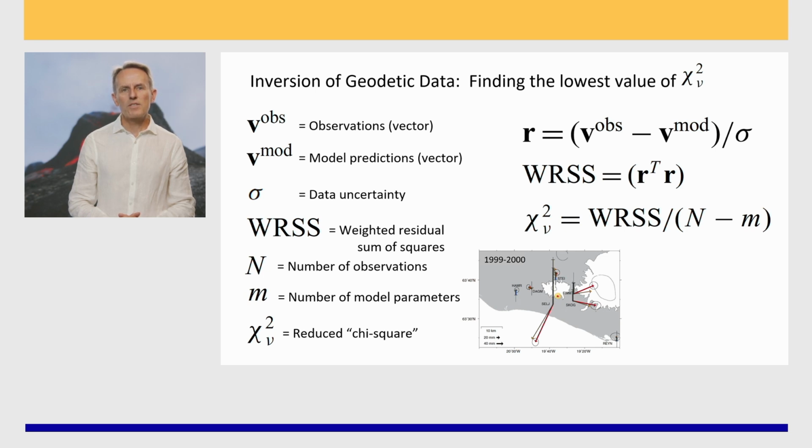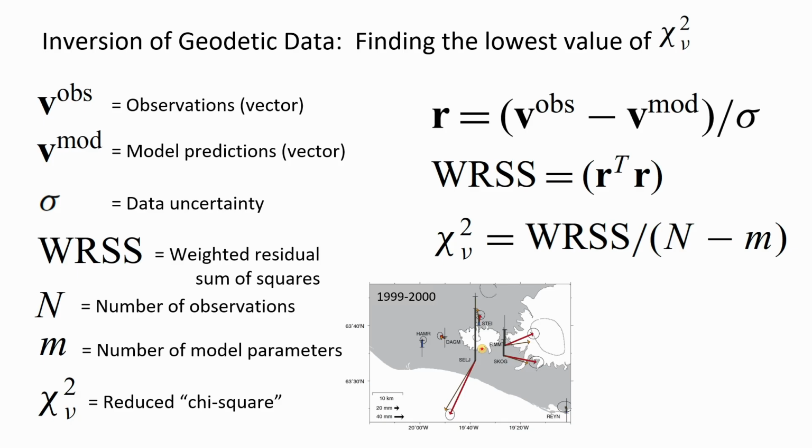However, WRSS will also get larger the greater the number of observations, denoted by N in the figure. We need somehow to take that into consideration. We can also expect the model to fit better the more free parameters a model has, denoted by M in the figure. This is taken into consideration by dividing the weighted residual sum of squares by N minus M. This forms the so-called reduced chi-squared variable.